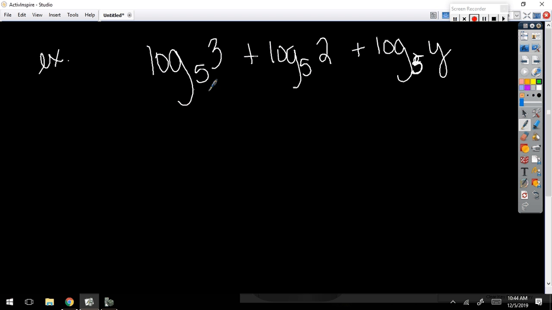Yes. So I can multiply, okay? Because multiplying is easier than subtraction and division, here I can just put everything together at one time. 3 times 2 times y. And it's condensed. You know it's condensed when there's only one log with that particular base in the problem.